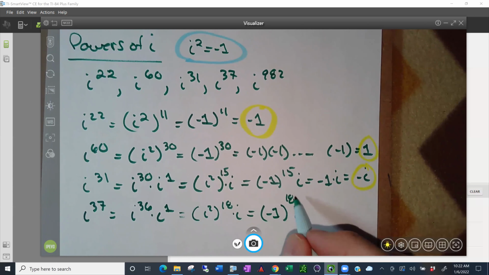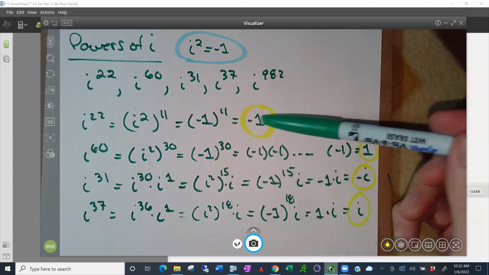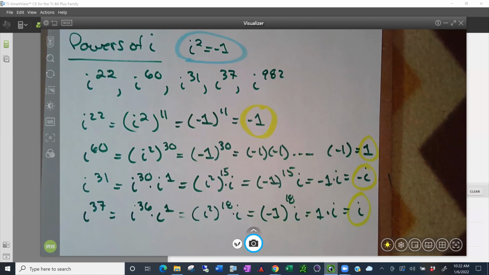And -1 to an even exponent is going to be +1 times i is just i. And that kind of completes our little list here. When you raise i to a power, you're only going to get one of four things, when you're raising i to an integer power, I should say.